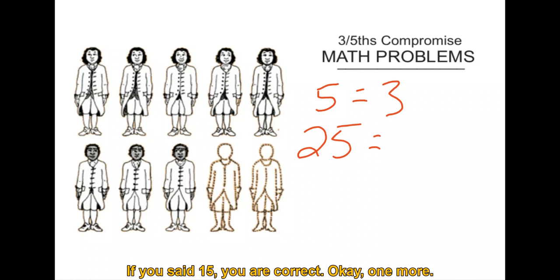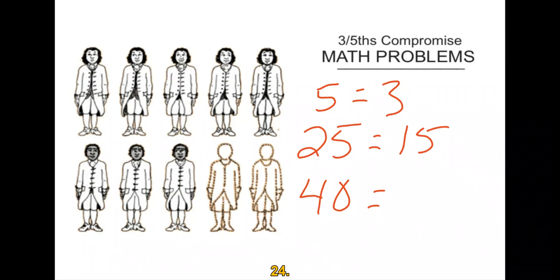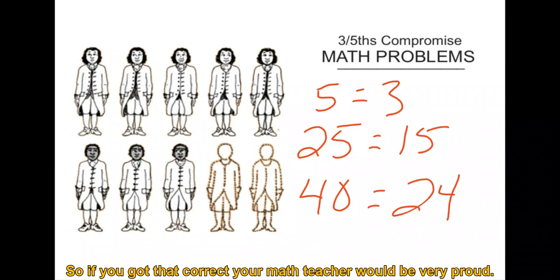If you said 15, you are correct. Okay, one more. 40 slaves would equal how much in population? 24. So if you got that correct, your math teacher would be very proud.